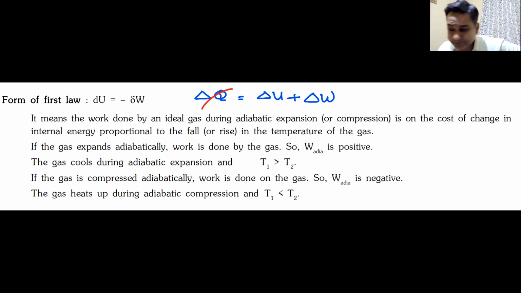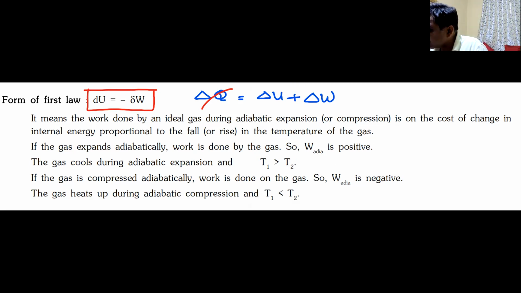Yes or no? That means I will have this formula, delta U is negative of delta W. Yes or no? Delta U is negative of delta W. And I know for any process, delta U is always equal to n Cv delta T. Do we understand this?